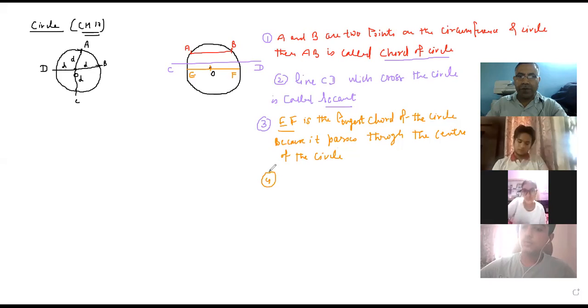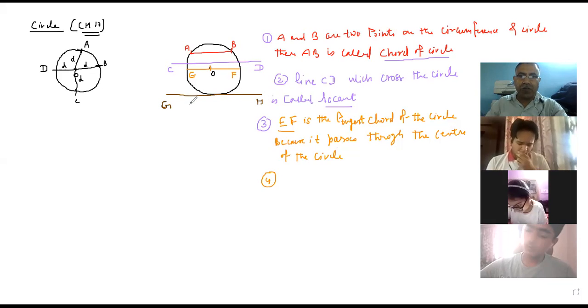Fourth, now any line which just touches the circle, let it be GH, is called a tangent to the circle, which we are going to explore.